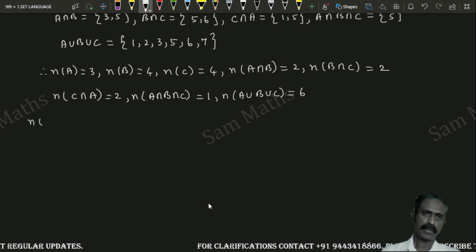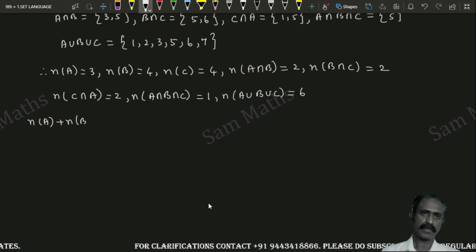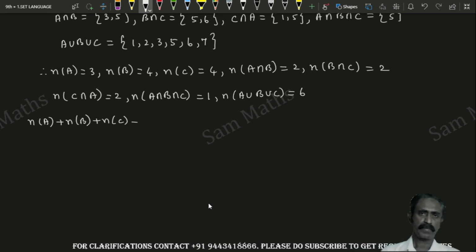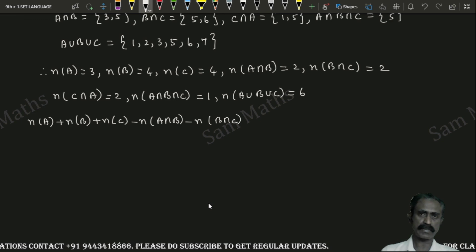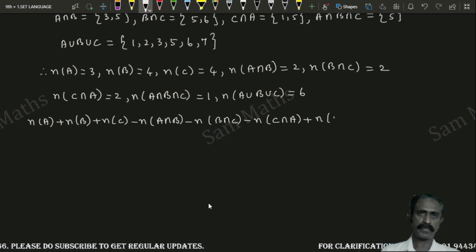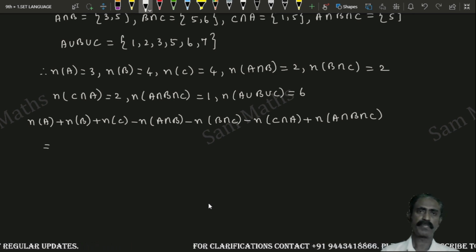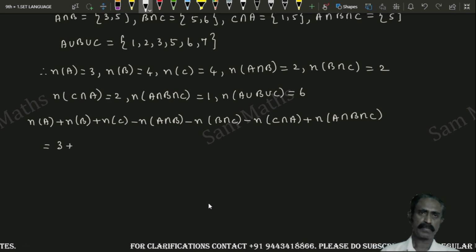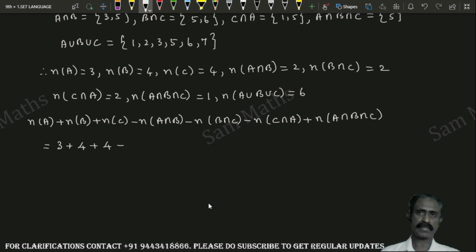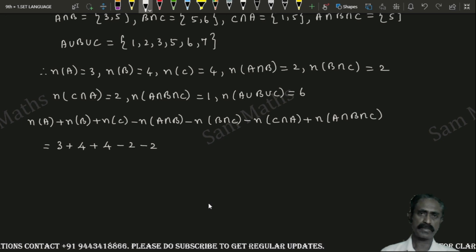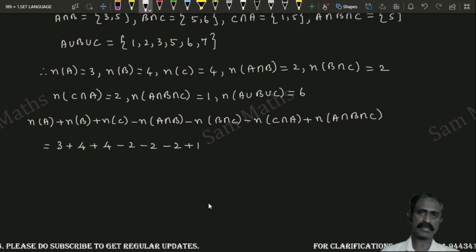You consider n of A plus n of B plus n of C minus n of A intersection B minus n of B intersection C minus n of C intersection A plus n of A intersection B intersection C. This is equal to n of A value is 3 plus B value is 4, C value is 4 minus n of A intersection B, it's 2, minus 2, minus 2, then plus n of A intersection B intersection C is 1.